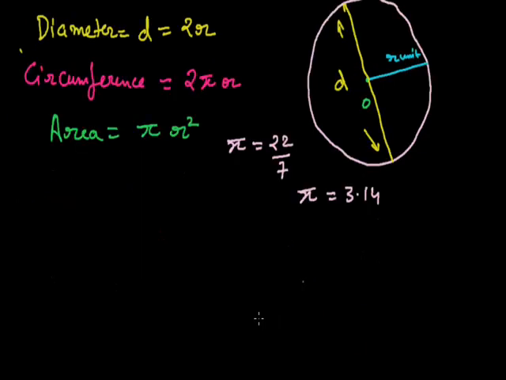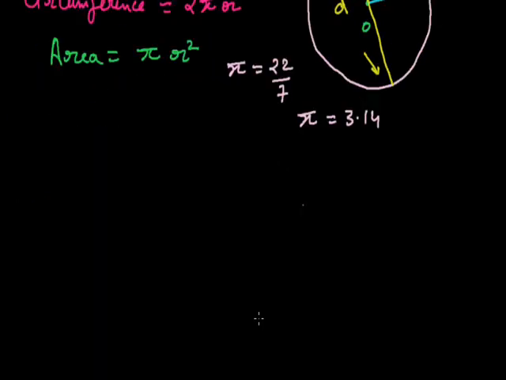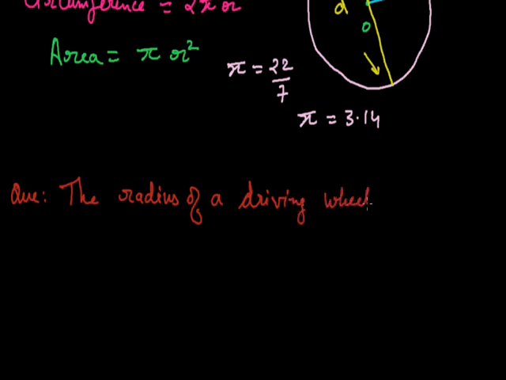Now let us see an example based on the perimeter of the circle. The radius of a driving wheel of an engine is 1.75 meter.